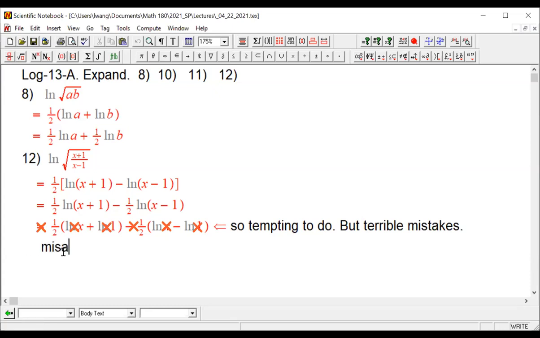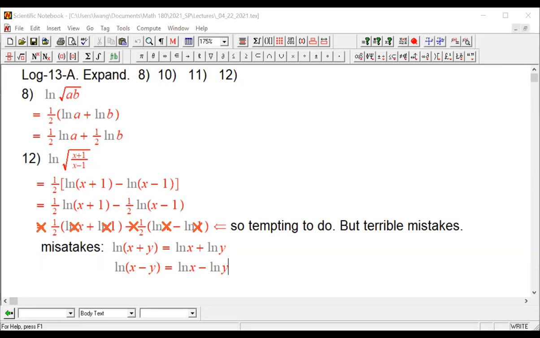The mistake that we said ln(x + y) equals ln x plus ln y, right? And the other mistake was what? ln(x - y) equals ln x minus ln y. Remember those mistakes we pointed out much earlier? They're terrible mistakes.